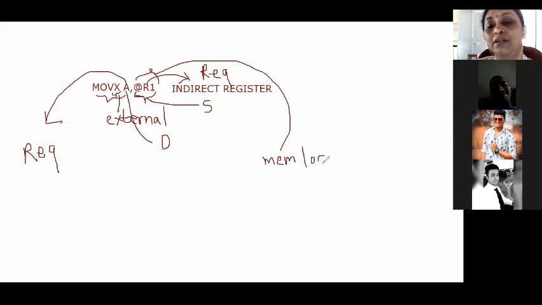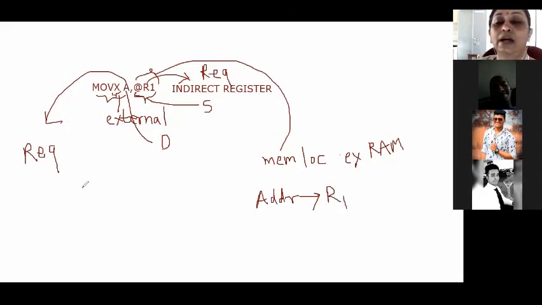Which memory location? Memory location of external RAM, because here we have written X. So the memory location of external RAM whose address is stored in register R1.